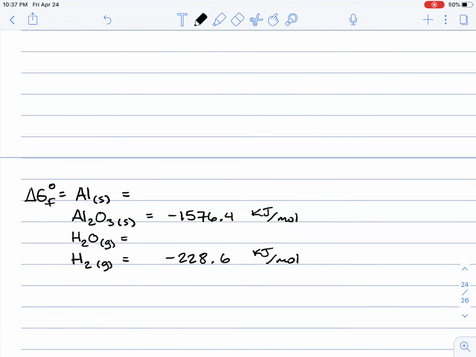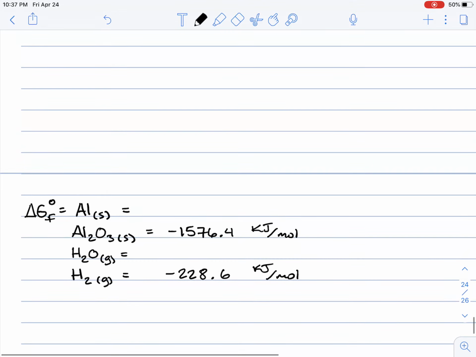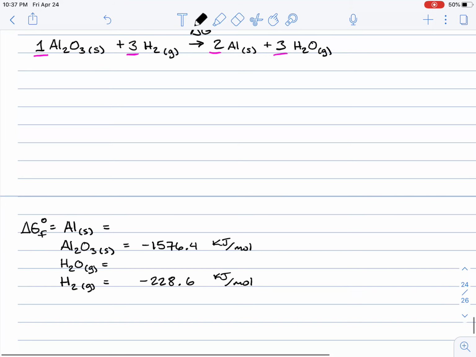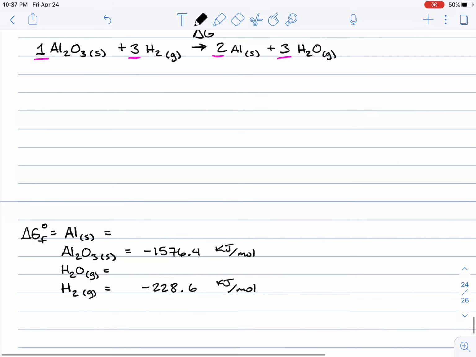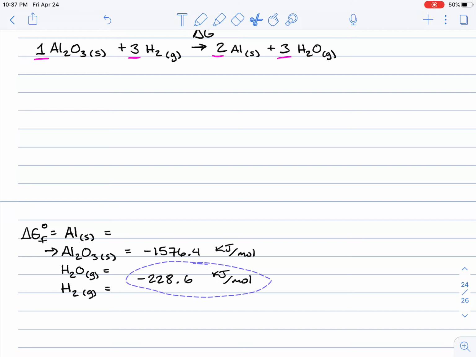And so if you guys were to look at the reference sheet, then you can go ahead and look up the Gibbs free energy of formation values. For aluminum oxide, it's going to be negative 1,576.4 kilojoules per mole.